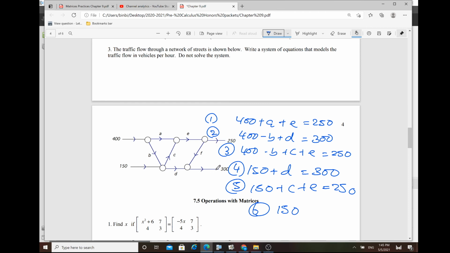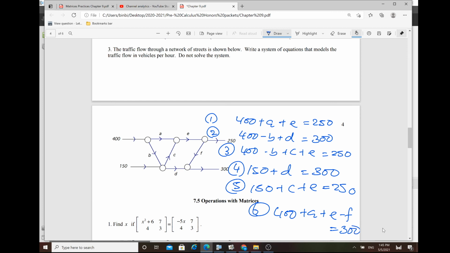So we cannot use 150, we used that already. So this one's going back down. So the last one will be 400. Okay, so going to this now, plus A, plus E. And then goes back down, minus F. Going down, right? And so that equals what? All the way to 300.